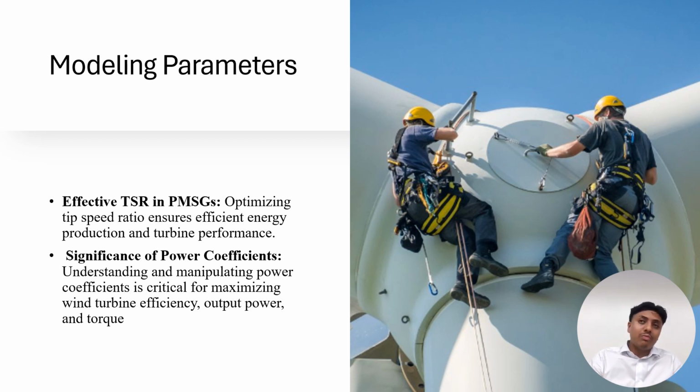But when we vary it around, there is a maximum ideal point where we get peak mechanical power, and there's a relationship between the power coefficient and the torque coefficient using the TSR. Essentially, at a certain TSR, there will be a peak coefficient for power and torque, and that tells us we will have a maximum torque and a maximum power output.